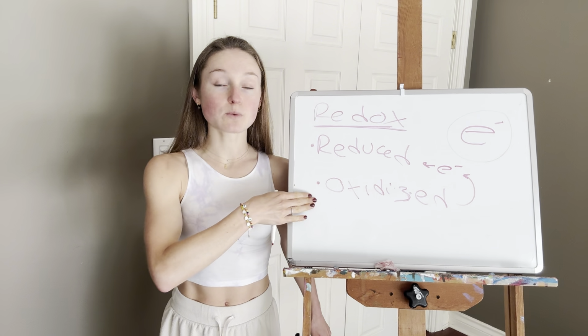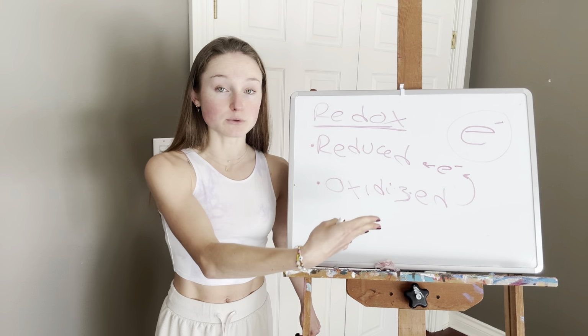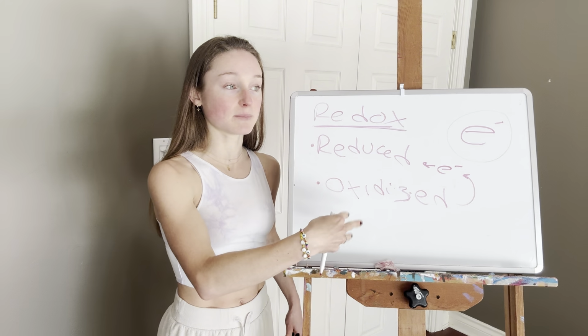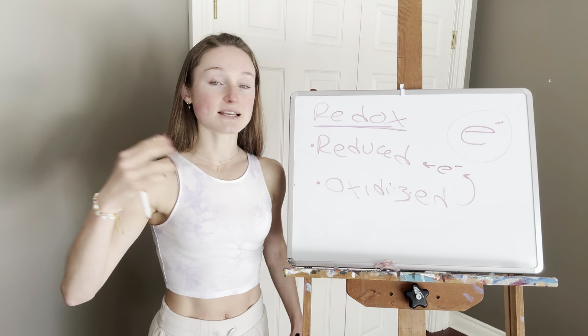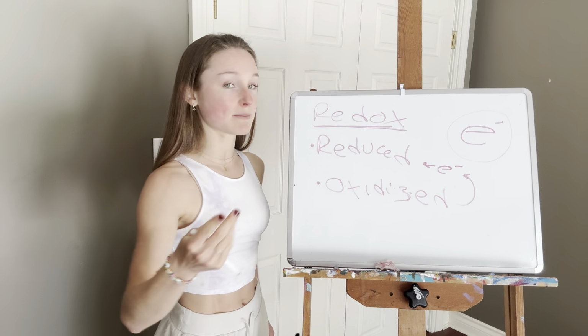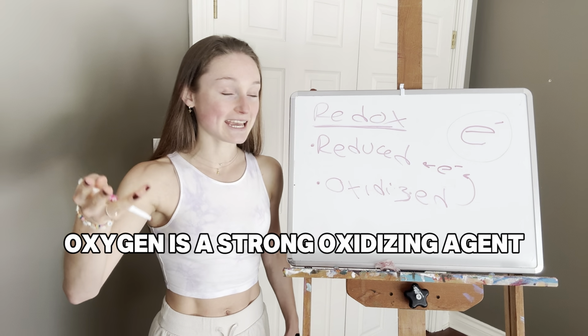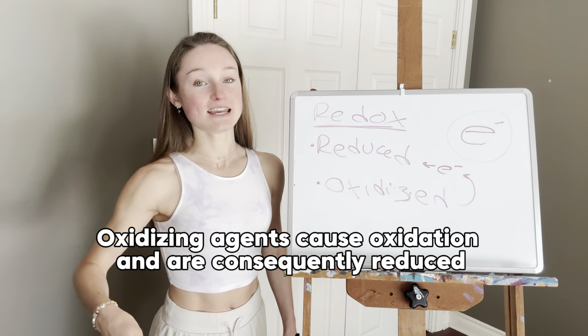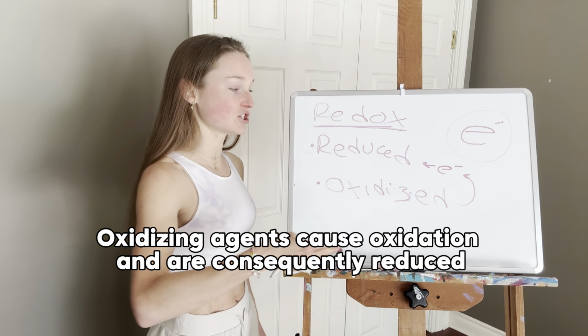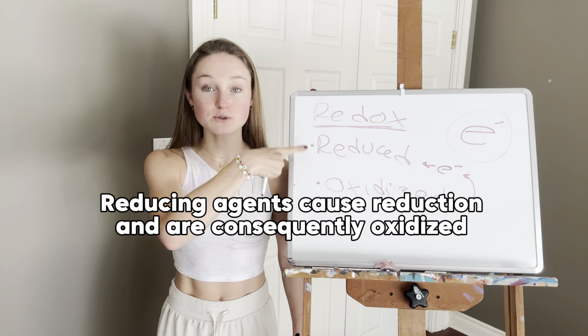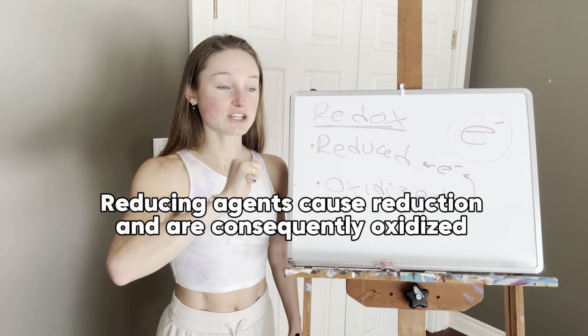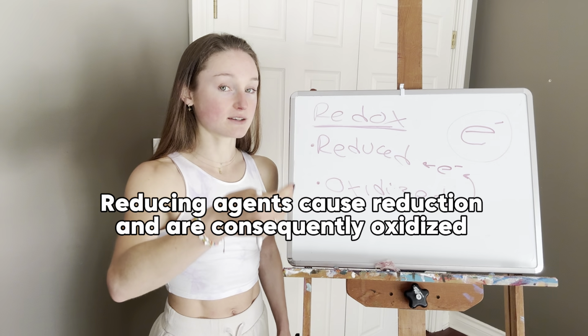The reason why we say the molecule losing the electron is becoming oxidized is because in biology or biochemistry, oxygen is a very strong oxidizing agent. What oxidizing agents do is they cause oxidation. Same thing for reduction, reducing agents. Reducing agents cause reduction to happen.